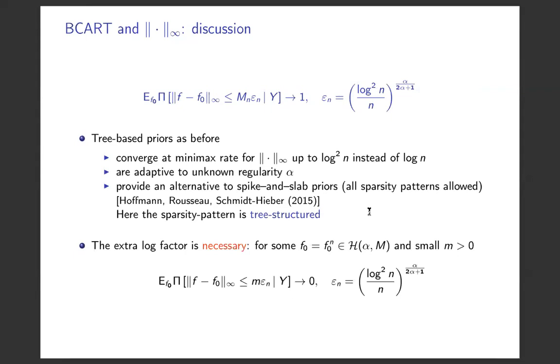If you have, for instance, a computational budget of wavelet coefficients you are allowed to look at, the tree may be advantageous because it is quite sparse and you get a lot of structure, whereas if you have to look at all possible combinations, like in the spike and slab, combinatorially it grows much more quickly.